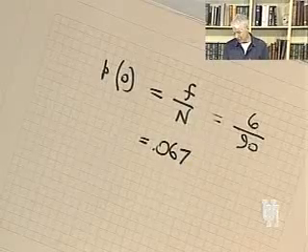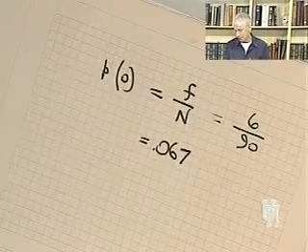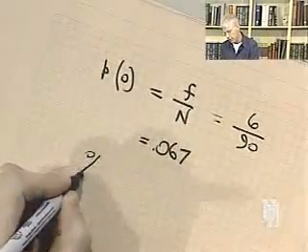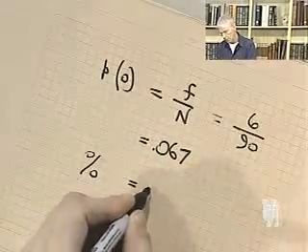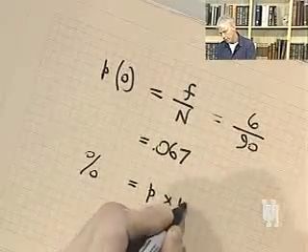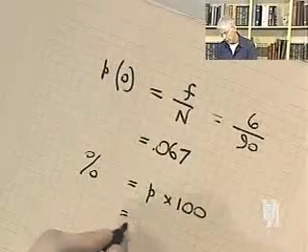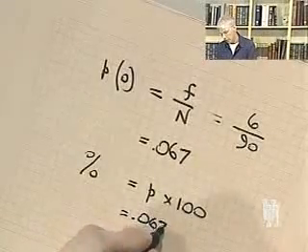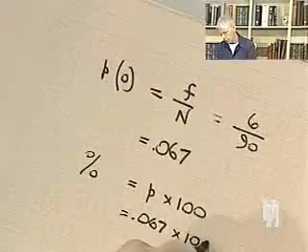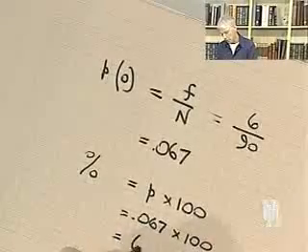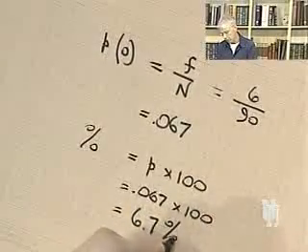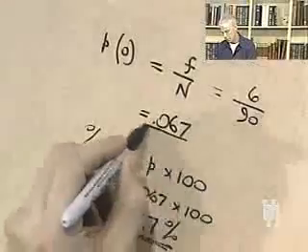If you were interested in expressing this not as a proportion but as a percentage, you would simply multiply P by 100. That is, you would put it on a base of 100, which is 0.067 multiplied by 100, which equals 6.7%.